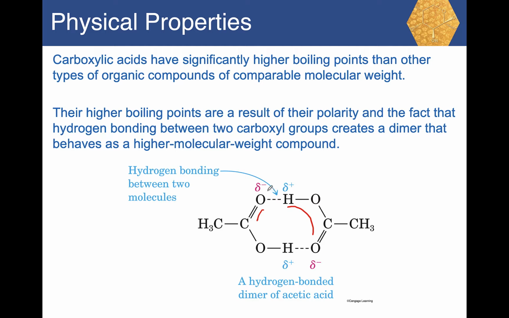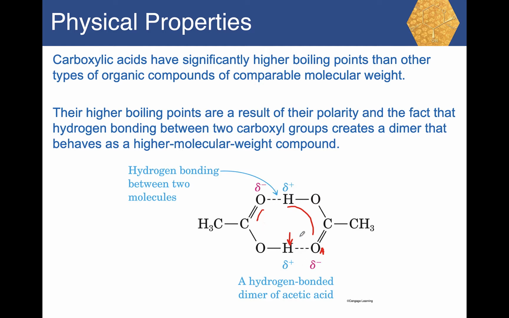What's unique about carboxylic acids is that they form dimers. So here is the carbonyl of one carboxylic acid, and here is the hydrogen of another. So we have a nice dimer here.